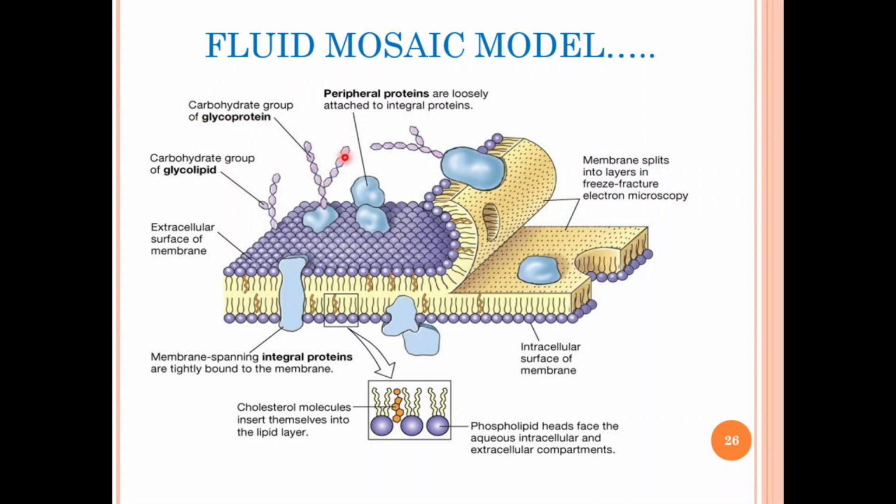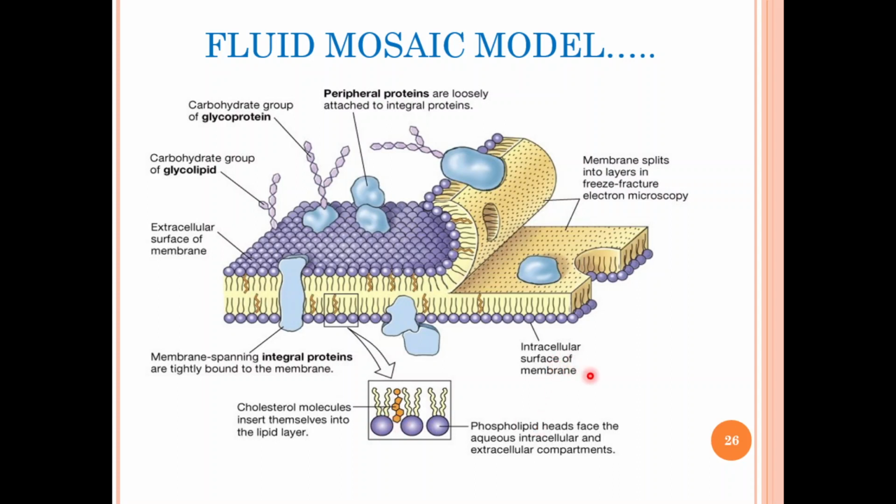As I have told you previously, glycoproteins are attached on the outermost surface of the plasma membrane. Peripheral proteins are loosely attached to integral proteins. Then membrane-spanning integral proteins are tightly bound to the membrane. This is the cholesterol molecule, yellow colored, which is present in between the phospholipid molecules.